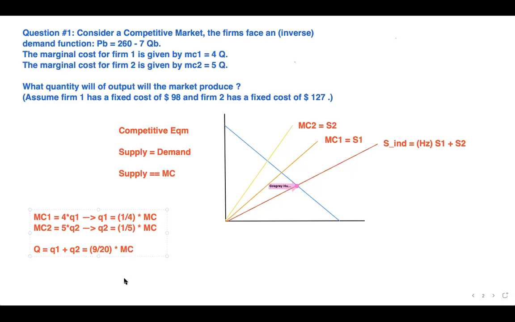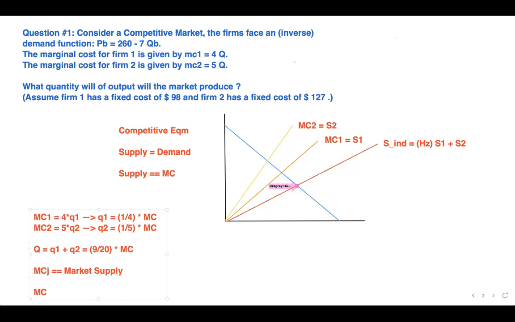So now we have to do the inversion again, right? And this is what we would call the MC joint, or we could also call this the market supply. It's the same thing, but sticking with our notation here.